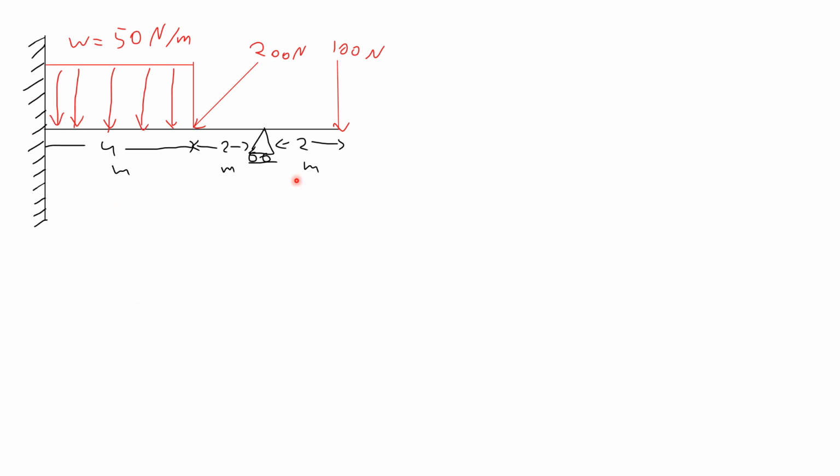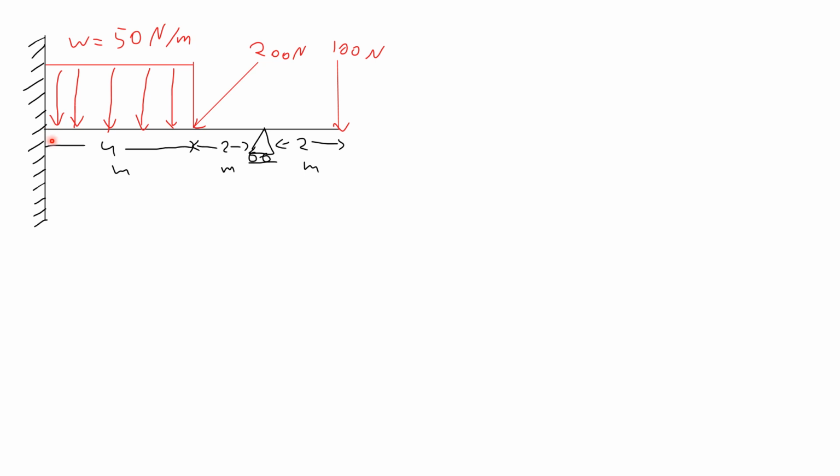Later, on page 7, we said we're having a roller support and a fixed support. The fixed support on page 7, which is this one, has 3 reactions: one in the y-axis, one in the x-axis, and one moment reaction.